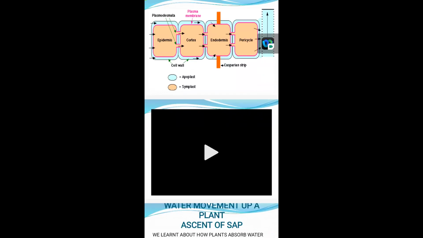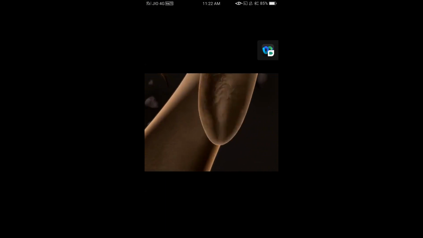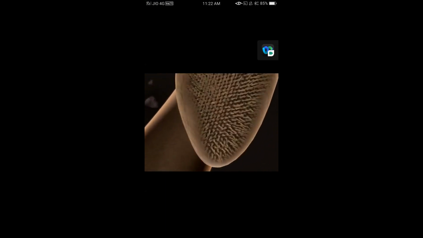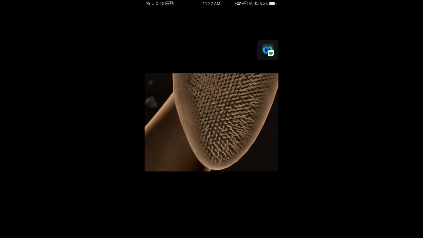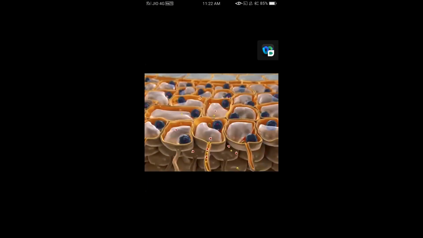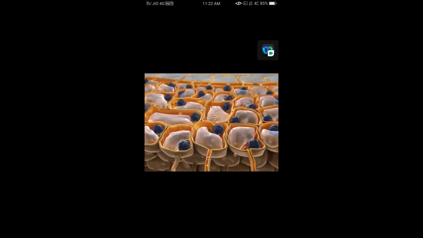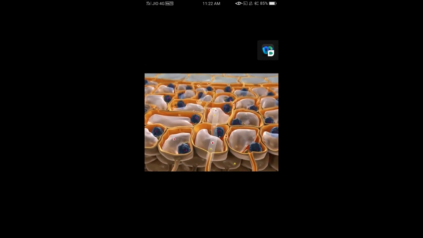Okay. This is how the water is absorbed by the root hairs. The absorption of water through the two pathways, that is the apoplast and the symplast. You can see in the video, there is the first. So this is one path.